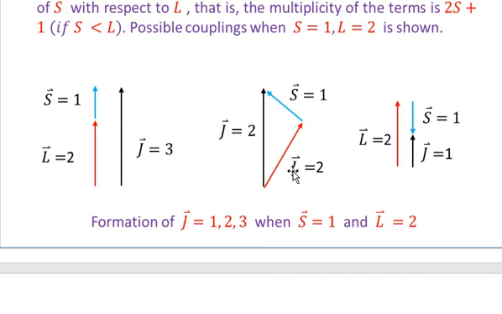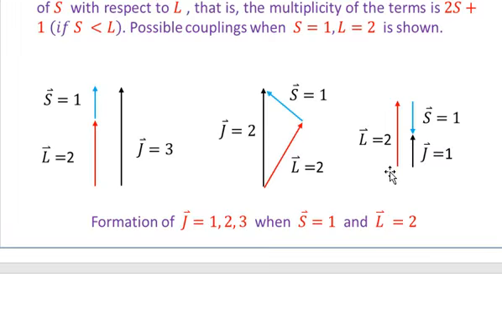Now in the middle figure, I have S equal to 1 and L equal to 2, but they make some angle between them in such a way that when you add the L equal to 2 vector to the S equal to 1 vector, you get a total value equal to 2. So this is J in the vectorial form, that is, the total angular momentum of the atom J is equal to 2 in the middle figure.